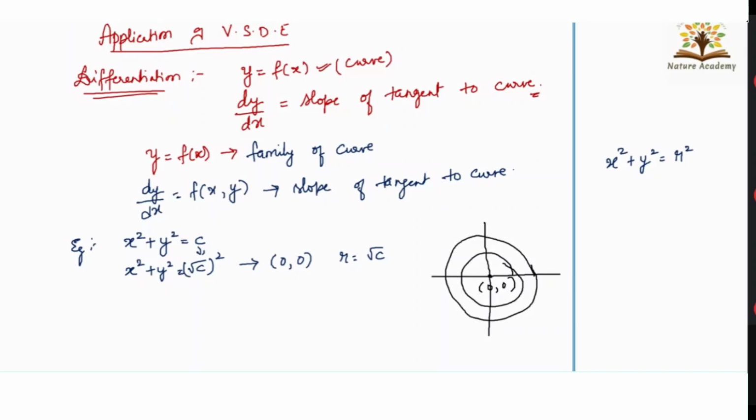I can draw n number of circles with this center as 0, 0. So that's why I can say that this equation is the equation for a family of circles. See here what is happening. My origin is the same, but my radius will change. Here, this can be one radius. Another radius can be this.